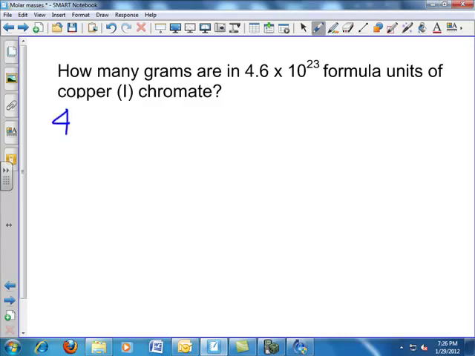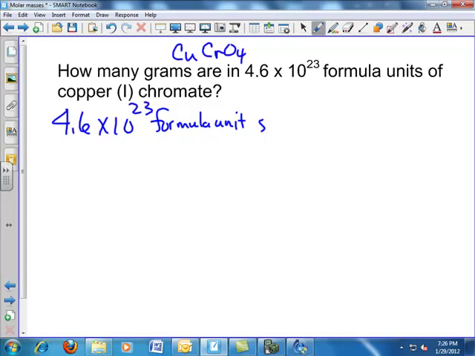So you have 4.6 times 10 to the 23rd formula units of copper 1 chromate. So copper 1 chromate would be CuCrO4, but I believe chromate's a -2, so I think this is Cu2CrO4.